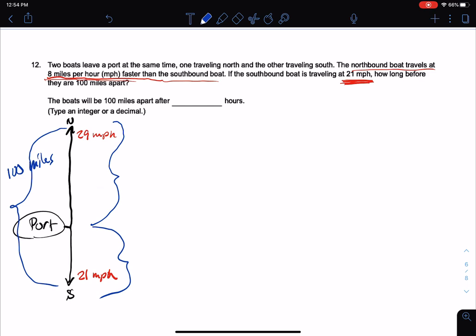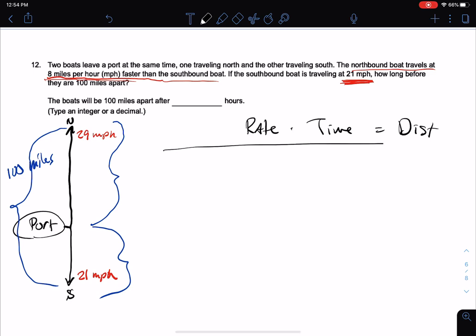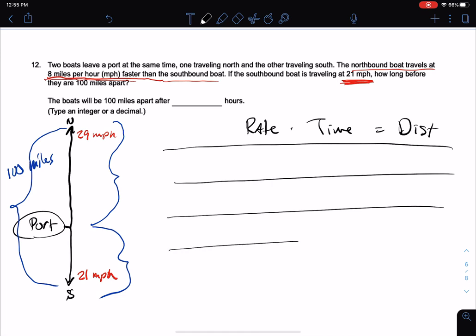This time I'm going to use a chart to show it. You don't have to. And once again, we'd like to organize our data. Rate times time equals distance. And so this chart is nice in the way that it will help us organize all of this stuff.